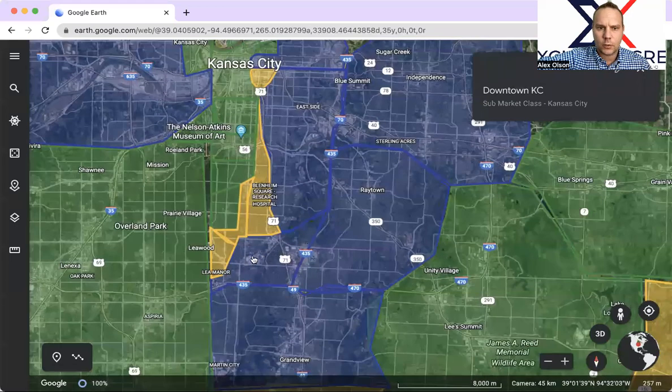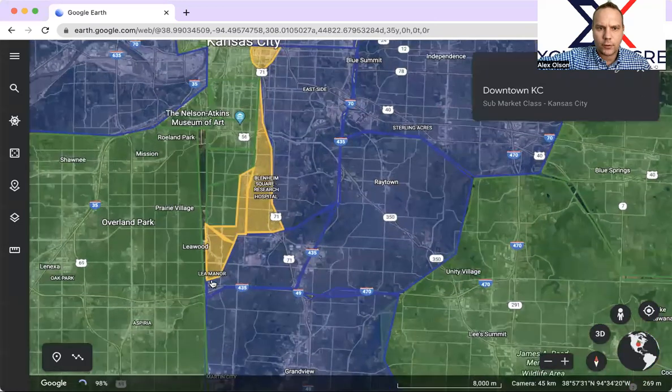In addition, south of this line here but north of 435, this is Bannister Complex. This is a C neighborhood. However, with the intermodal and other blue collar workers, this is really propelling forward.